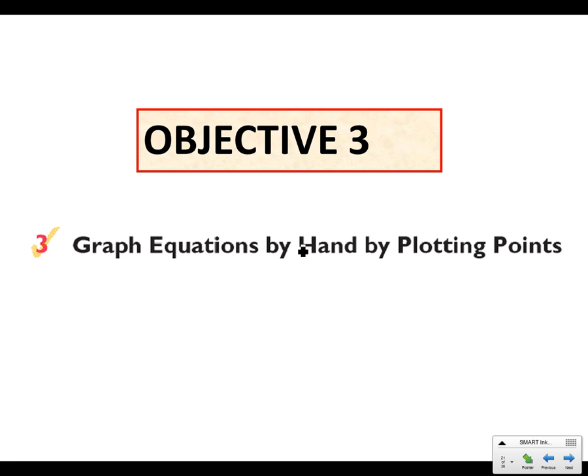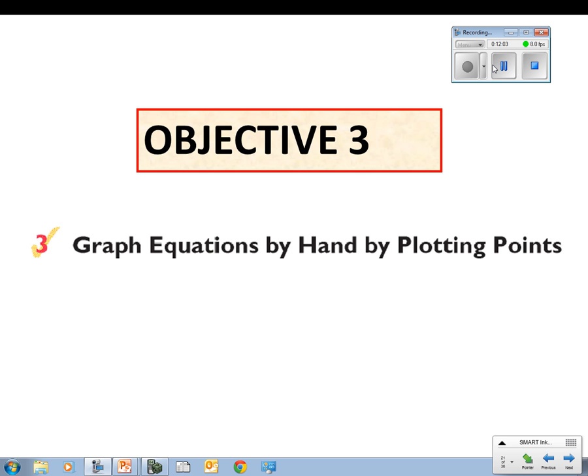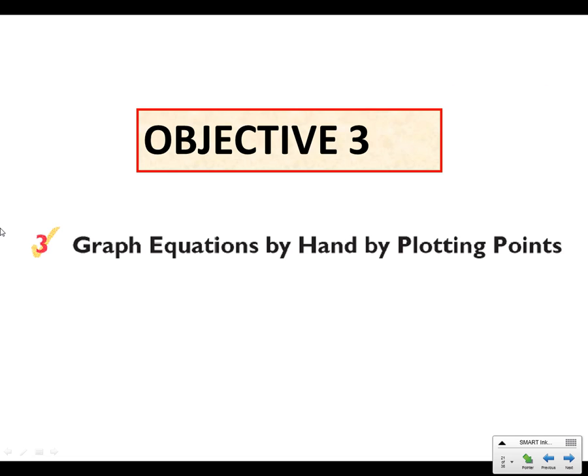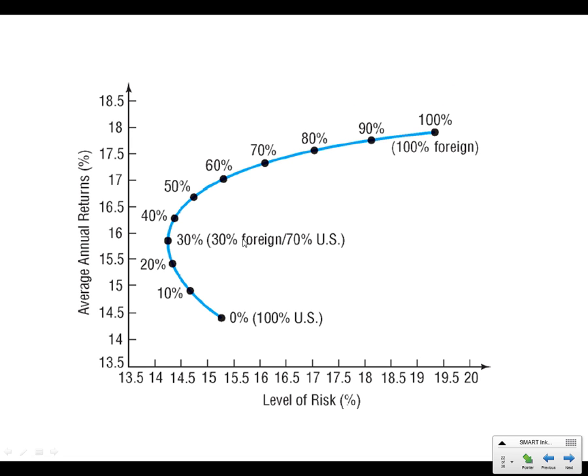All right, objective 3, let's graph equations by hand by plotting some points. All right, so here's an example of a number of points here. So this is showing the level of risk of something versus the average annual returns, probably a stock market, something like that.